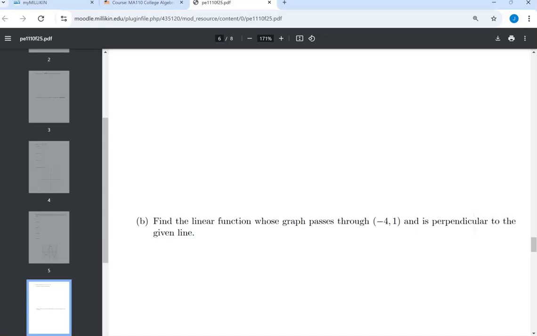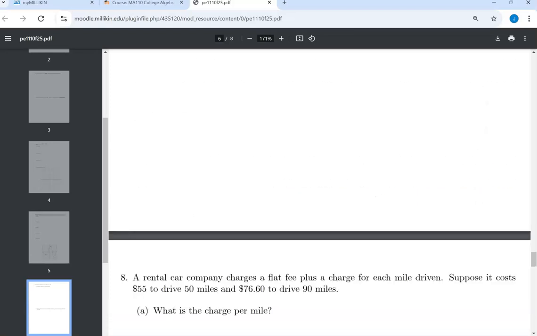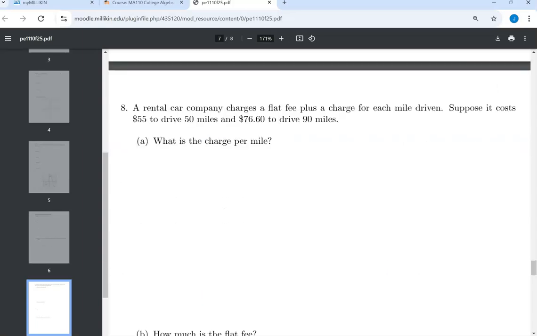Okay. And there's a linear model problem. Okay? Shockingly enough. Charge per mile. In your linear model, remember again, we're trying to find slope and y-intercept. Charge per mile in this case would be which one? The slope or the y-intercept? The slope, because it's something per something, right? It's a fraction. Okay?